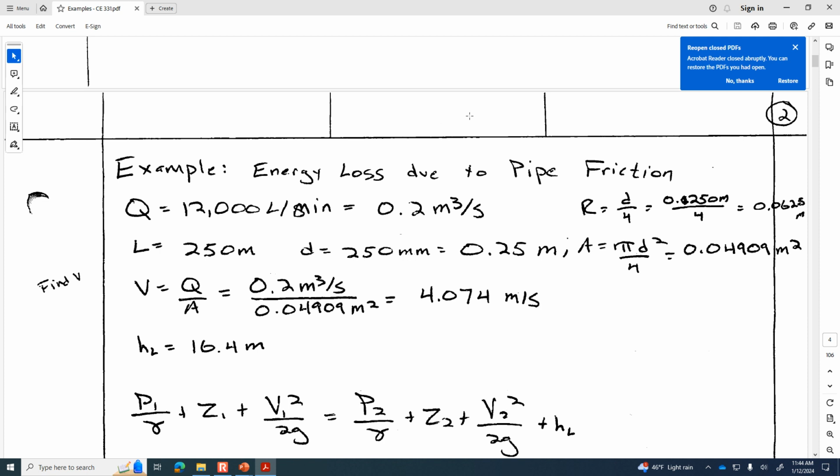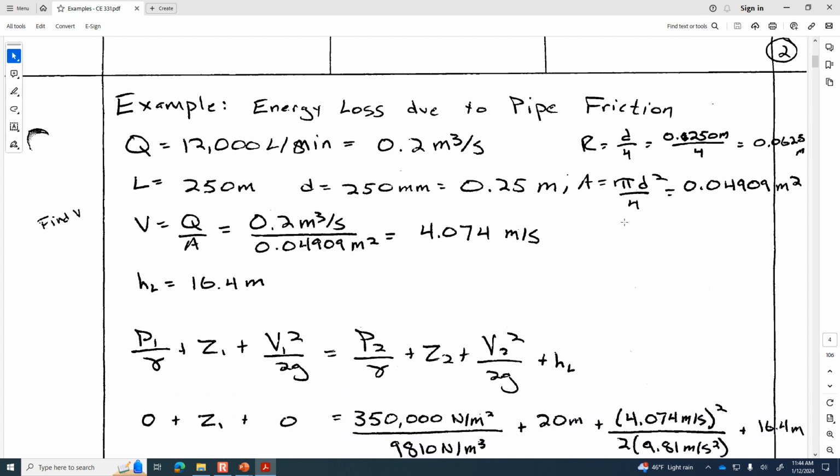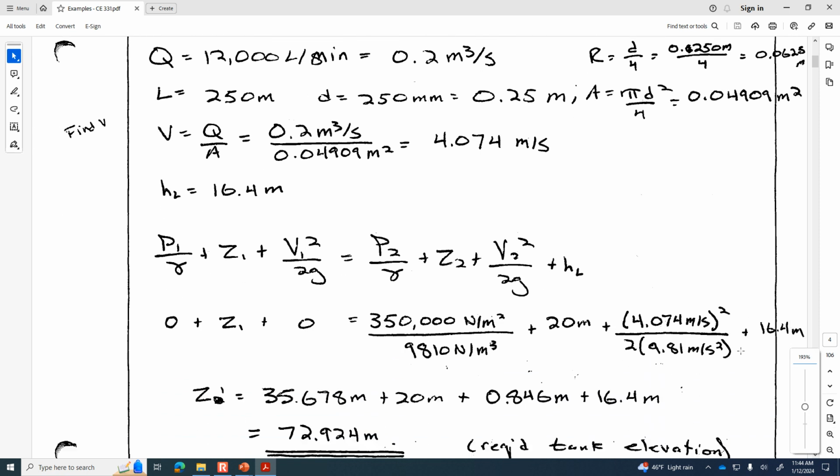So all of that allows us to calculate the elevation that's required for the tank. So the tank should be at an elevation of 72.92 meters, because the tank has to be high enough to overcome the elevation change to get to the building. 20 meters of that elevation is to get us to the base of the building. 35 meters of it provides the pressure head.